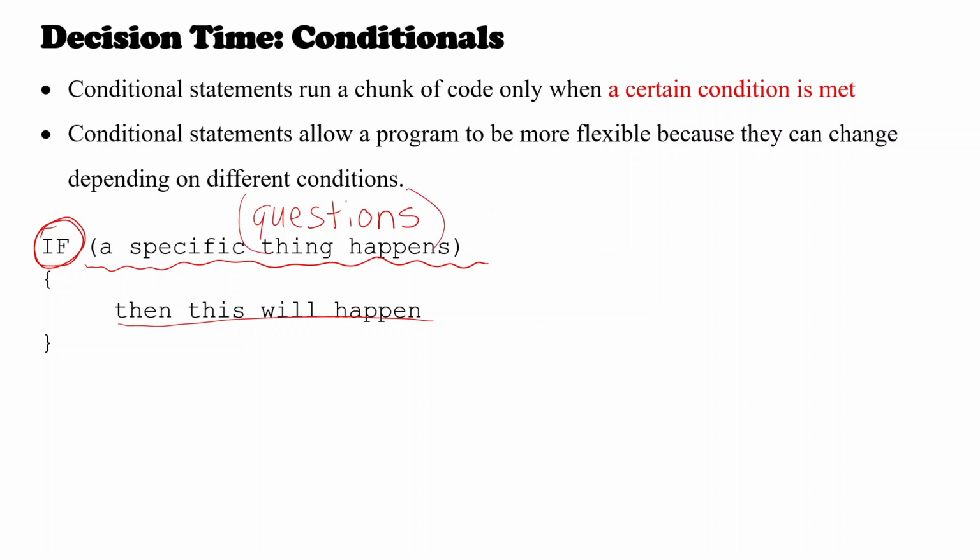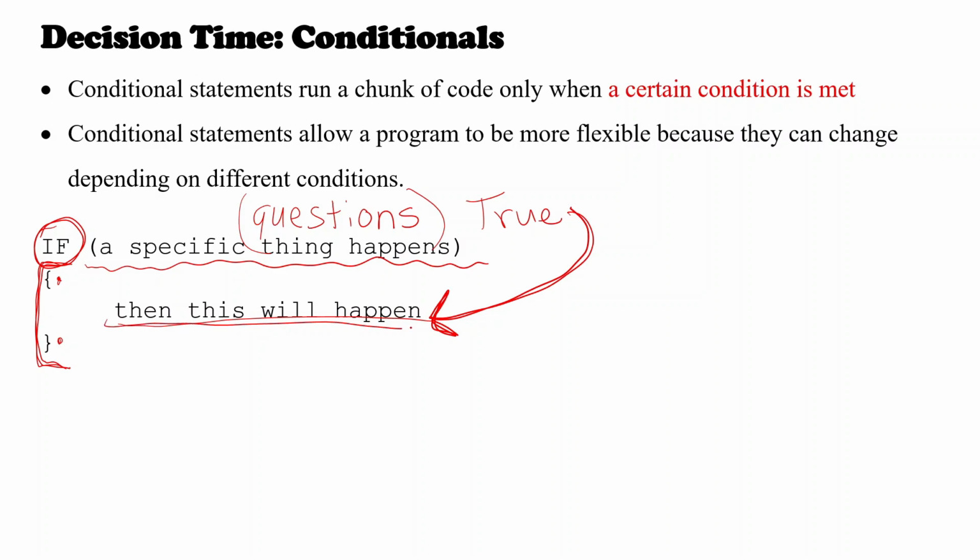If this question evaluates to true, like, yeah, that is true, that's correct, then this will happen. Then the statements inside of this block, we call this a block, will run. Now this block has an open curly bracket here and a closed curly bracket here, each on its own line to signal the block.